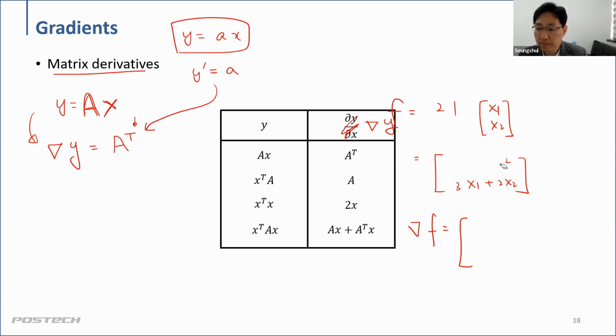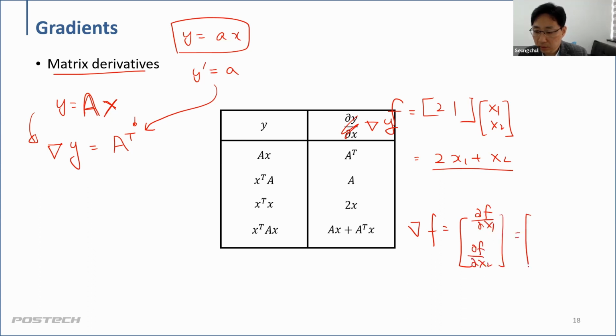Let's think about this case: 2 over x1 and x2, and the gradient is x1, x2, 2, 1. So I define this one as the A matrix, and this one is A transpose. So remember, whenever you have matrix and vector multiplication, the gradient is A transpose.